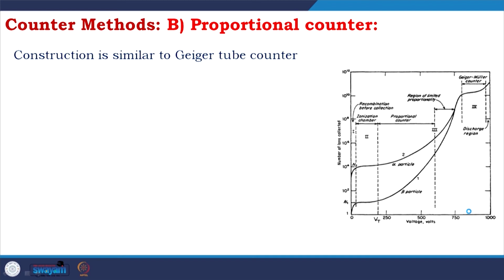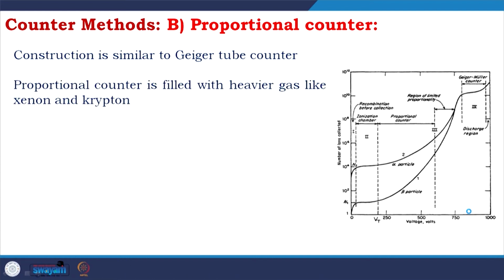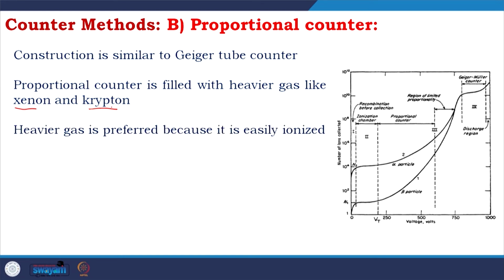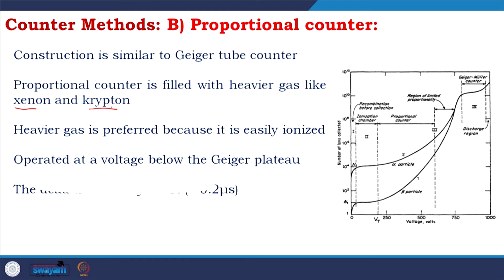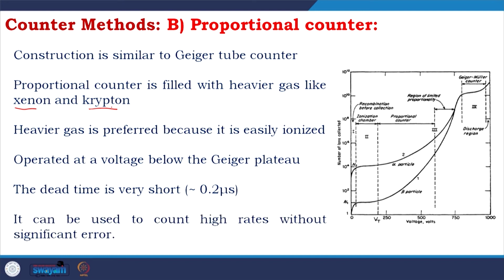Proportional counter: the setup is similar to the Geiger tube counter. Proportional counter is filled with heavier gas. So, they also use xenon, krypton, which are heavier than argon. And why do they use heavier gases? Because they are easily ionized. It is operated at a voltage below the Geiger plateau. The dead time is very short, 0.2 microsecond.